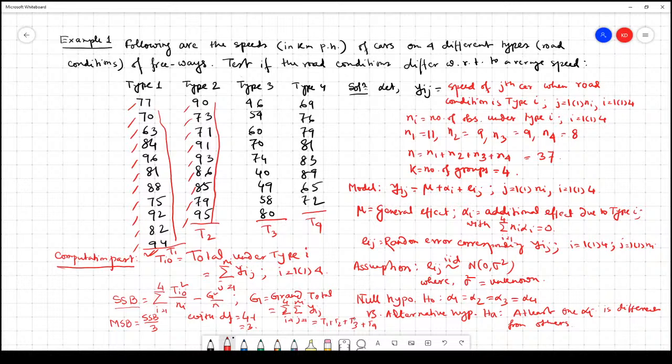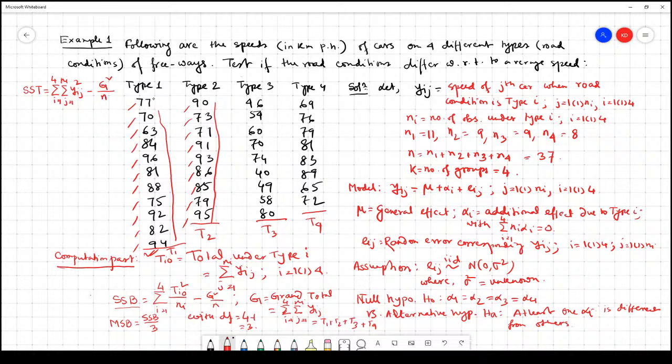Similarly SST, the sum of squares due to total, is equal to the sum of Yij square minus G square by n.